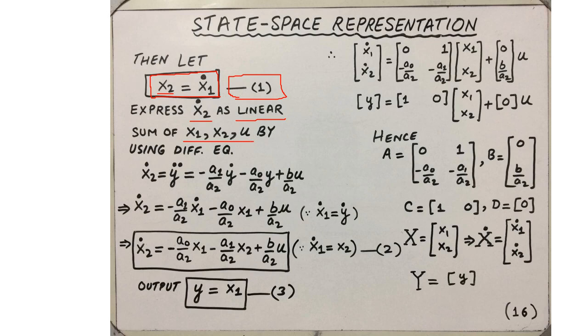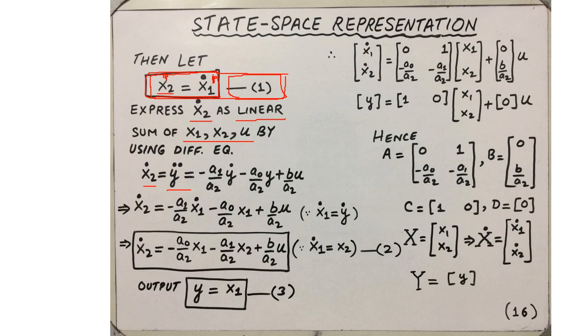So x2 dot, we know, will be equal to x1 double dot from here. If I take a derivative of x2, that becomes x2 dot. And if I put x2 dot here, that becomes x1 double dot. And x1 double dot is the same as y double dot, as we saw in the previous slide.